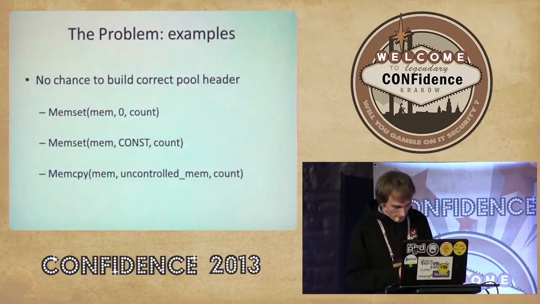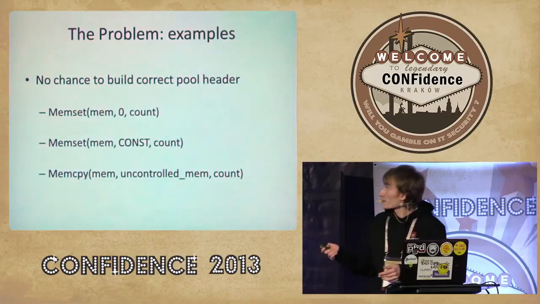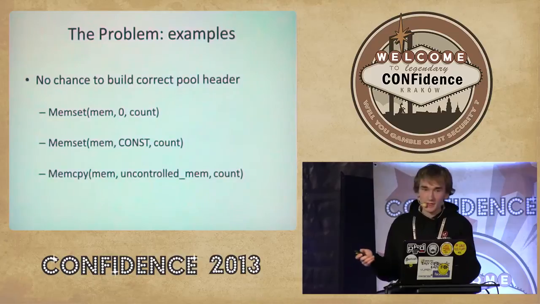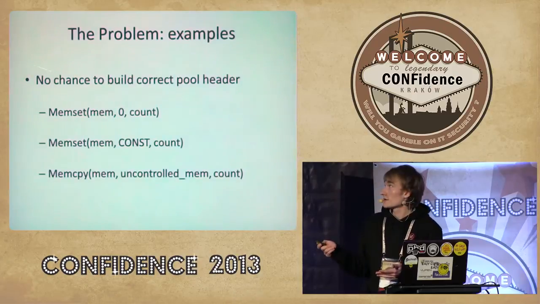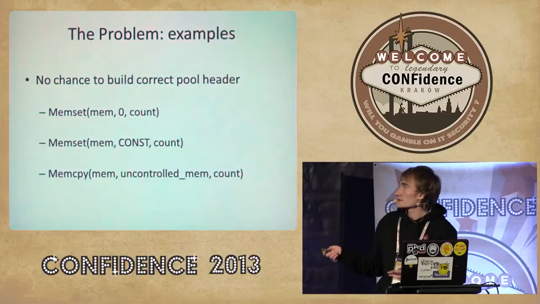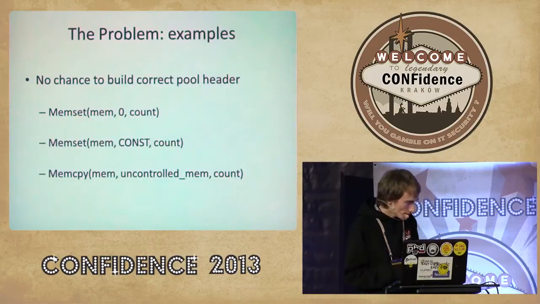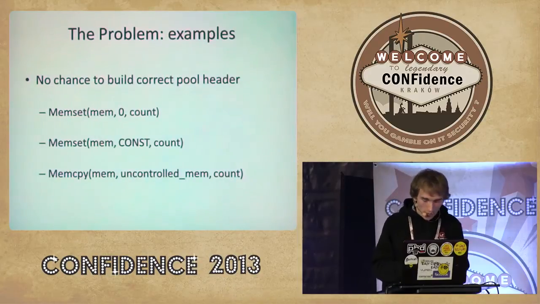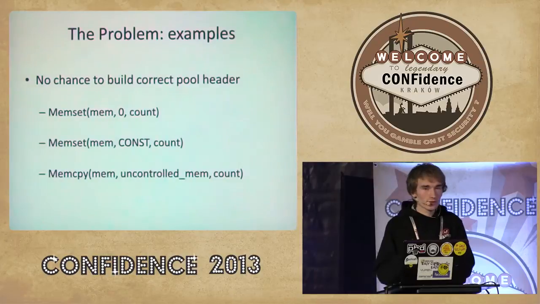So, for example, hardcore vulnerabilities. If you have a vulnerability like memset with zeros, there is no technique to exploit such an overflow, or like this one, or even with uncontrolled memory. And I was thinking, why are researchers focused on the pool allocator?